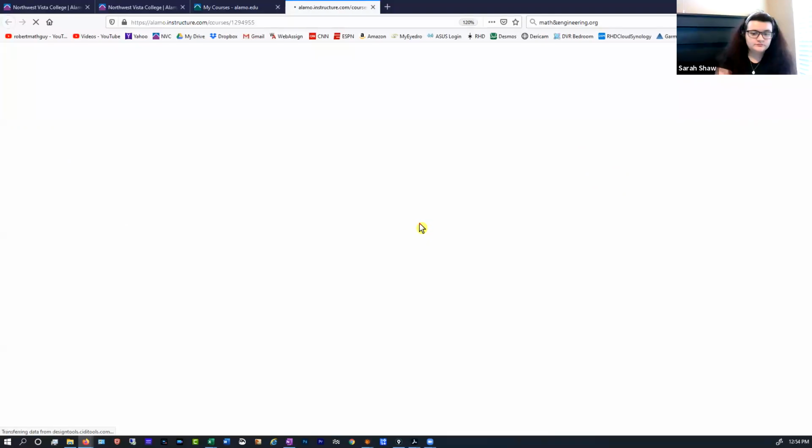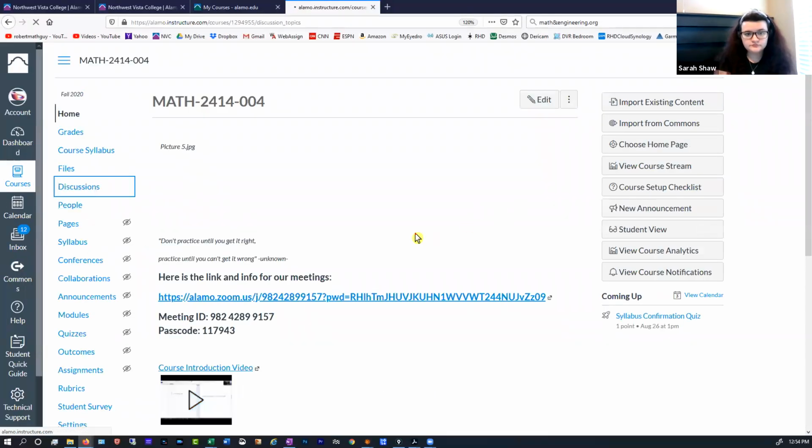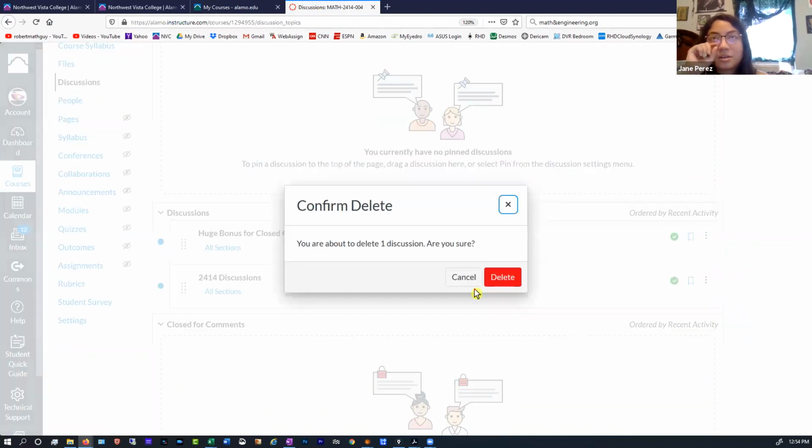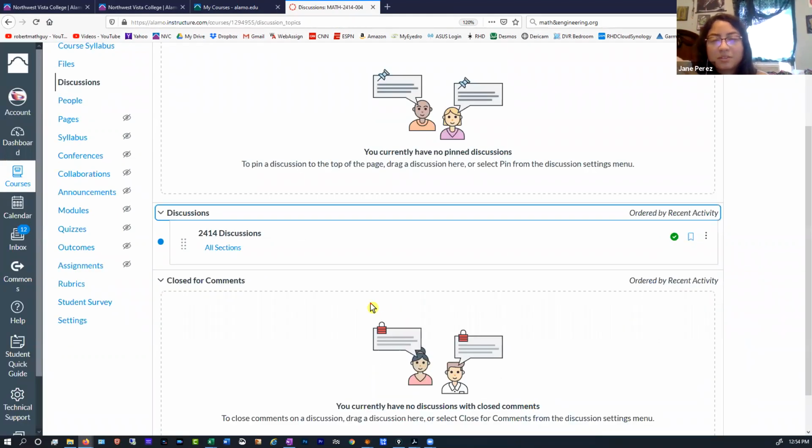Anybody else? I was trying to access the ebook, and do we have to pay for the book still, or did that come with the tuition? Yep, it came with tuition. So in WebAssign, is it prompting you to pay? Yeah, it's saying you're on a free trial until September something.